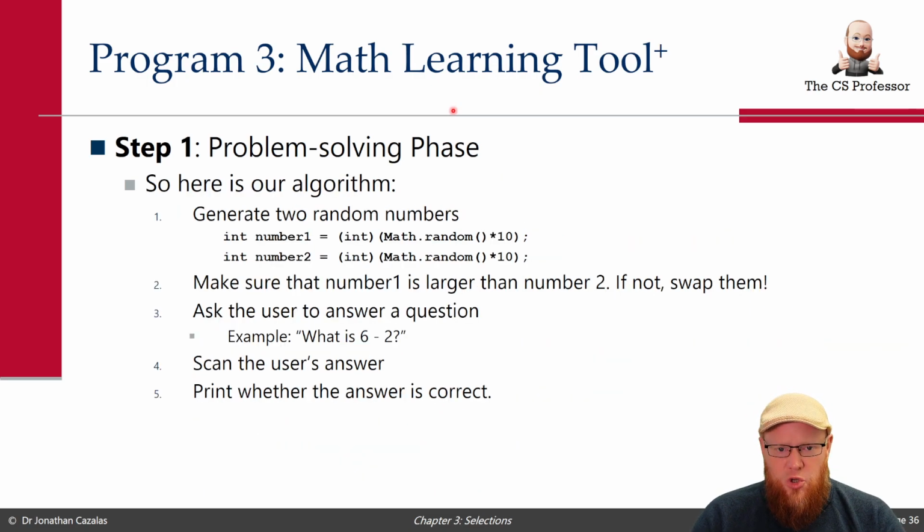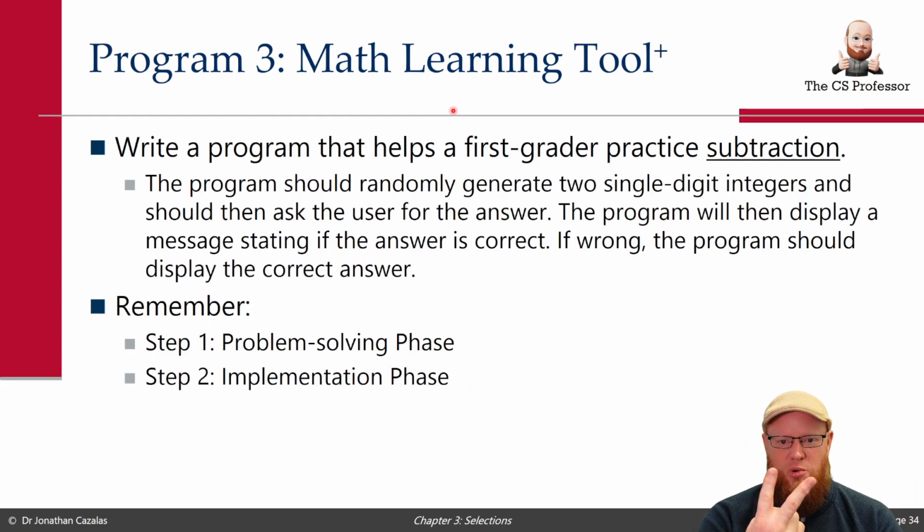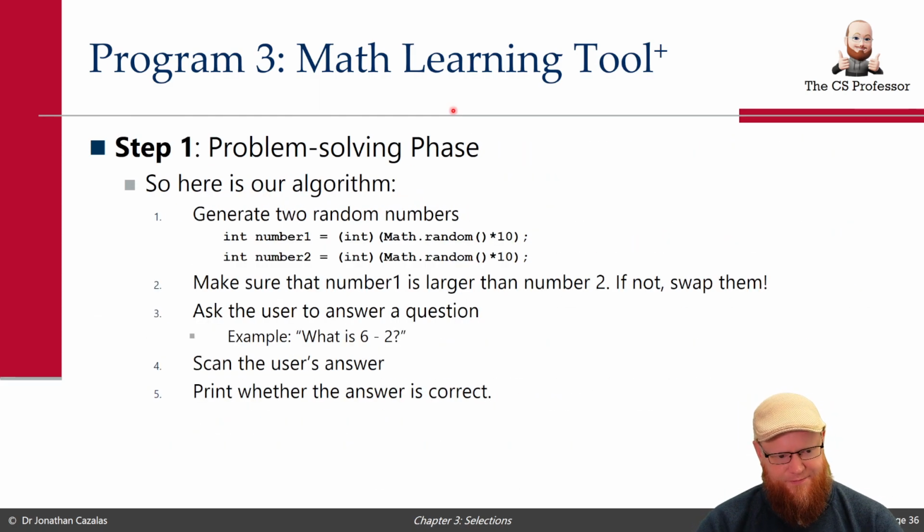So we need to generate 2 random numbers. That was a request of the program, right? Going back, the program said generate 2 single-digit integers, and then ask the user, this is for subtraction, right? Ask the user what's the answer to a subtraction question of subtracting that first number from the second number and then simply checking the correctness.